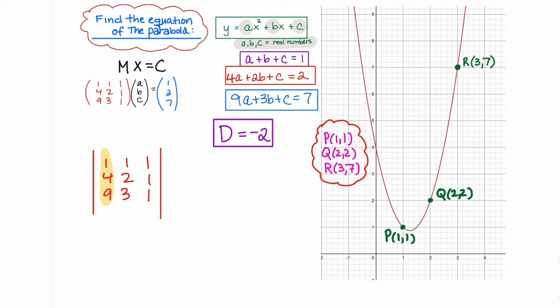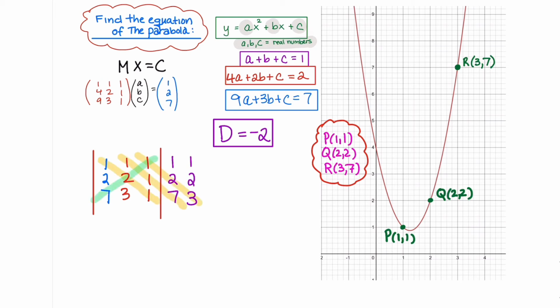Next, we're going to take that matrix M and replace the first column in it with the matrix C, which is on the right-hand side in blue, the numbers 1, 2, and 7. And we're going to call this determinant x. So determinant sub x is going to be found by doing the determinant of this matrix with that column replaced.